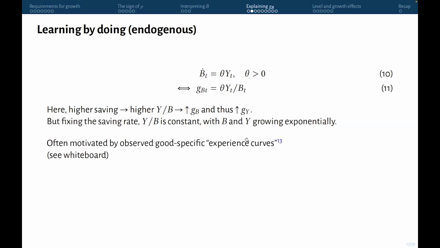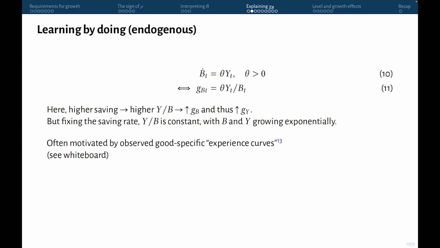Learning by doing models are often motivated by the observation of what are called experience curves, where you take a particular good and you plot how productive we are at building it as a function of how many we have produced. So just looking at line 10, that's looking at the growth rate of productivity as a function of the rate at which we're producing.